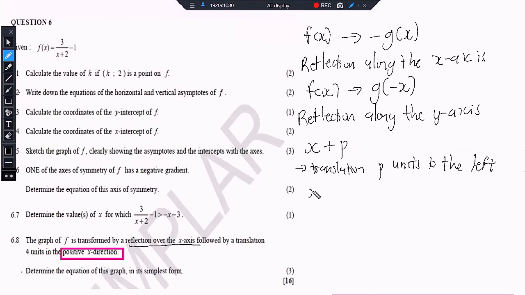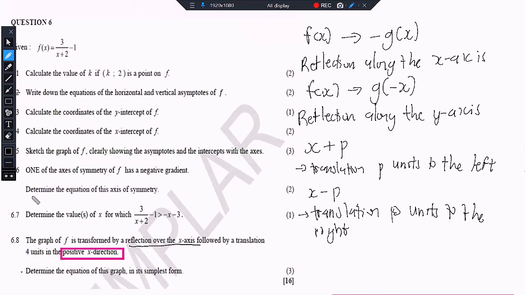And then if you have x minus p, this represents a translation p units to the right. So always have that in mind. If it's plus p, it's to the left. If it's minus p, then it's to the right. And then also note your reflections.